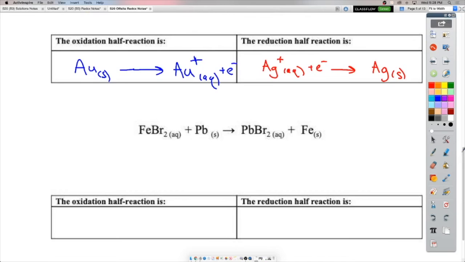One thing I want to point out before we move on: there's another way to think about where the electrons go. Yes, there's thinking of the story that's being told, but sometimes that can get a little tricky and trip you up. There's another way to check if you've done it right. There's a law we've not really talked about, but it's always been there in the background of our chemistry, and that's the law of conservation of charge.